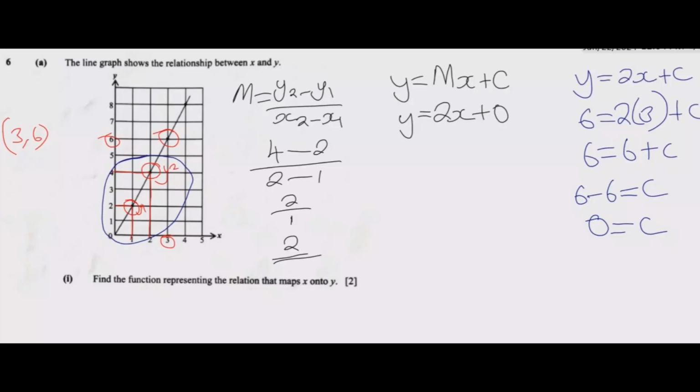Now this is the function that is mapping x to y. I don't know if you have questions. If there are no questions, we can go to the next question.